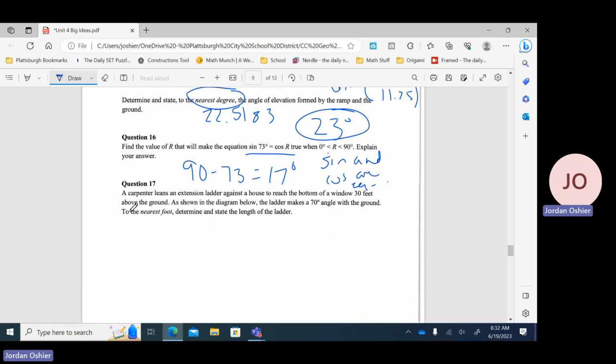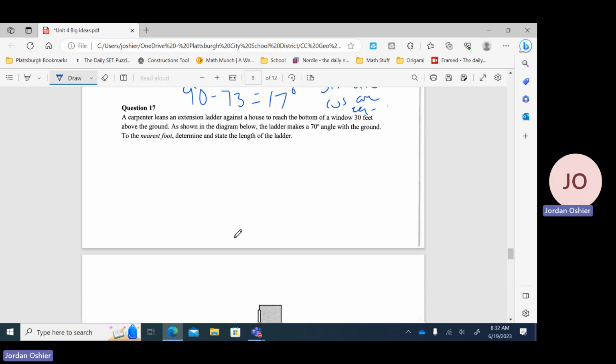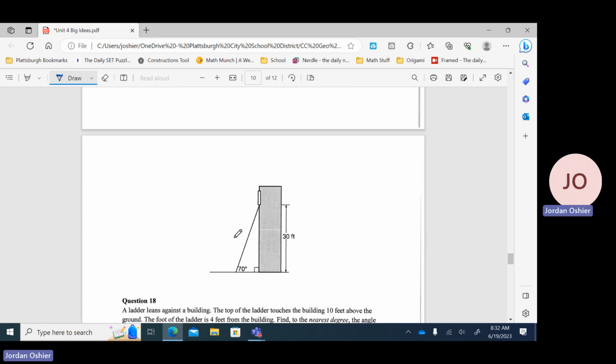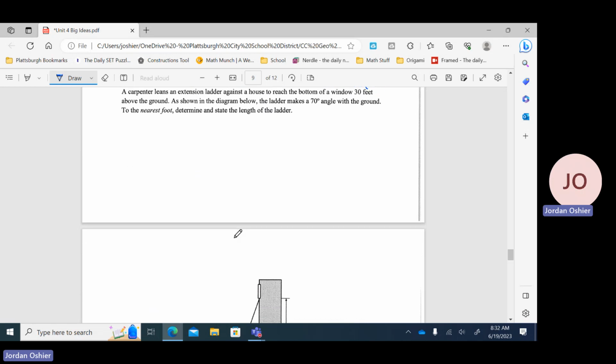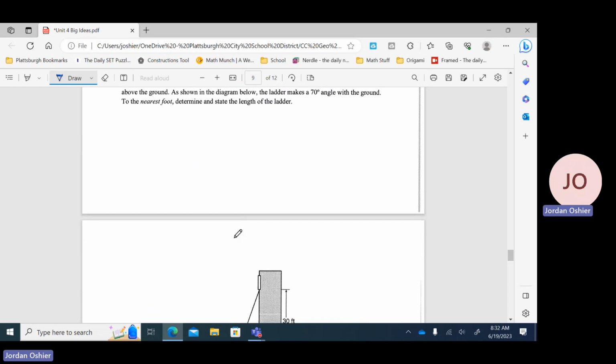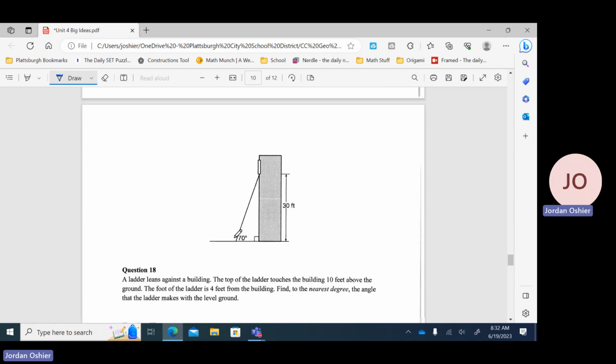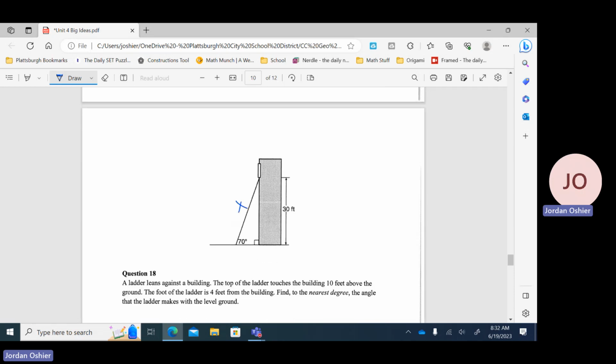A carpenter leans an extension ladder against a house, 30 feet above the ground. As shown in the diagram below, it makes a 70-degree angle. To the nearest foot, determine and state the length of the ladder. So in this picture, the ladder would be here, which is x. So I have my opposite and my hypotenuse. So this is a sine question. The sine of 70 equals opposite over hypotenuse.